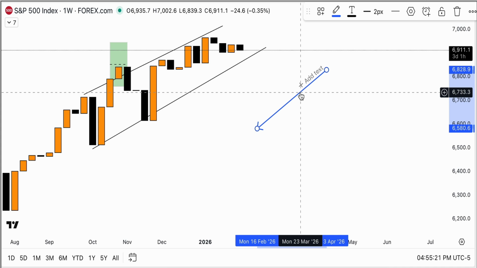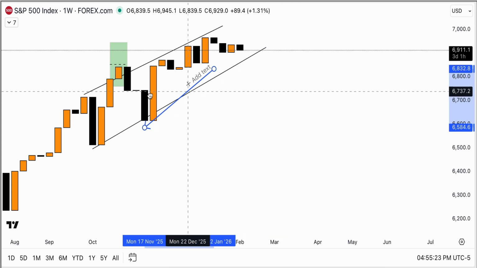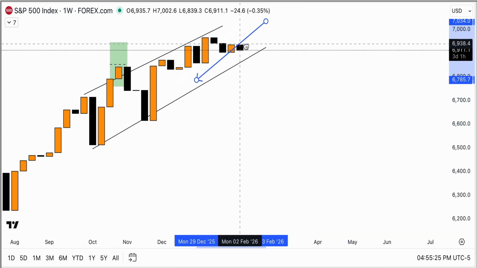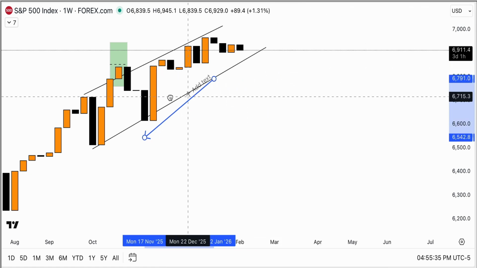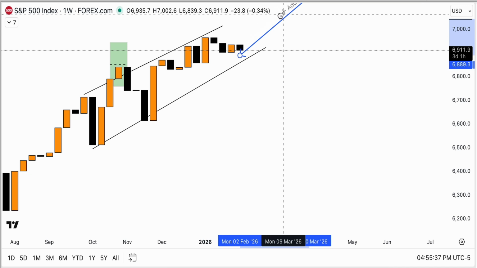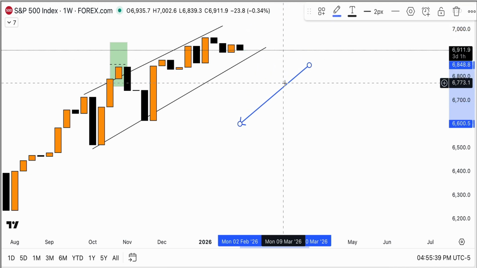So over several weeks, let's see, 2, 4, 6, 8, 10, 12, 14, 18. Over 20 weeks, we've virtually gone nowhere. 20 weeks between this low and this high. We've virtually gone nowhere, right, in terms of points.